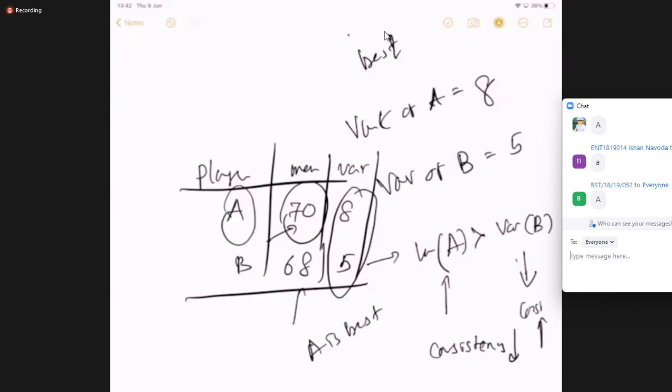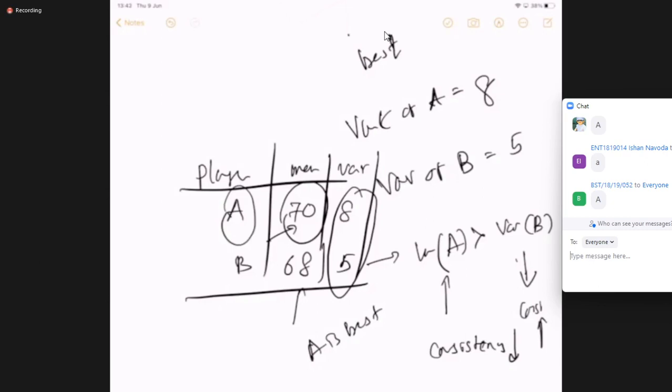So, who is the best player? The best player is the player who is more consistent. Understand?